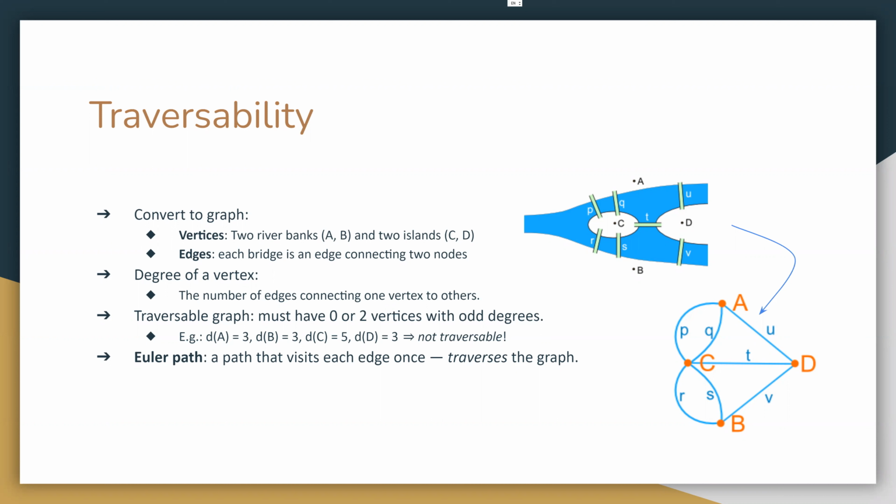And then here again, we introduce a concept called degree. The degree of a node, for example A, is basically how many edges are connected to it.